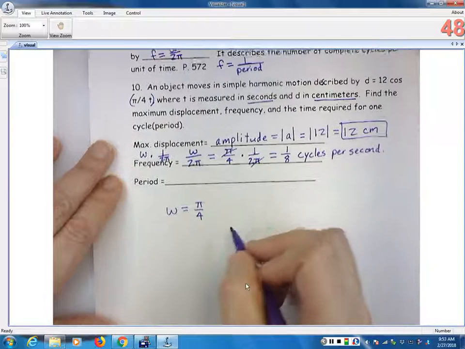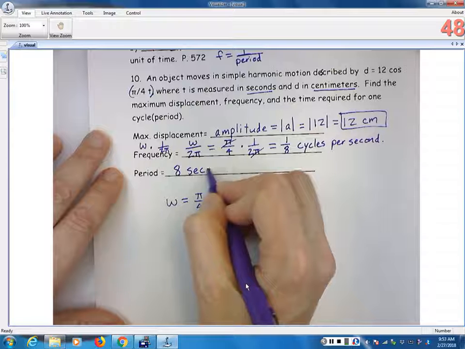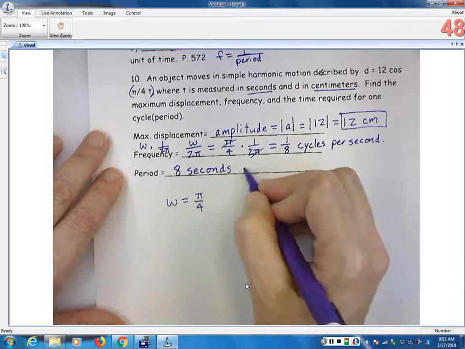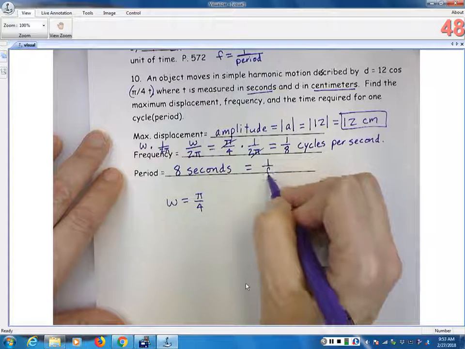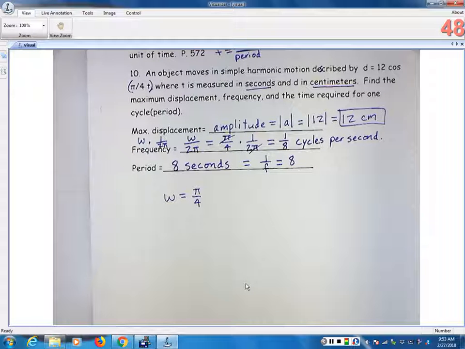The period is 8 seconds, because the period is 1 over the frequency. Or if we found the period first, then the frequency is 1 over 8. Whichever one you find first, you can take the reciprocal. These two are reciprocals of each other.